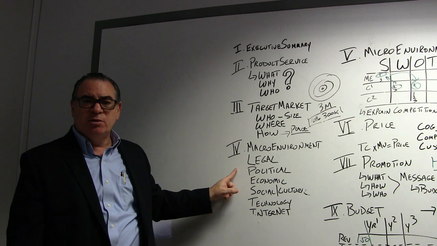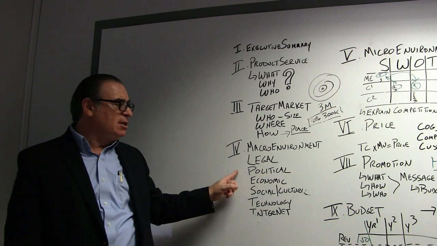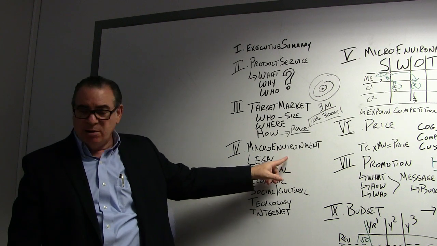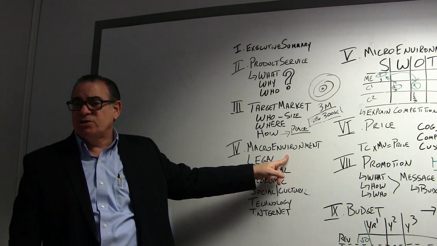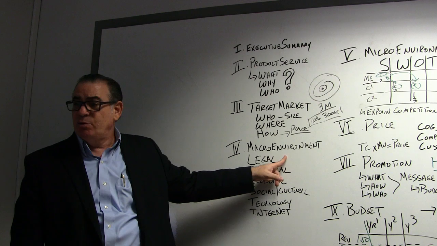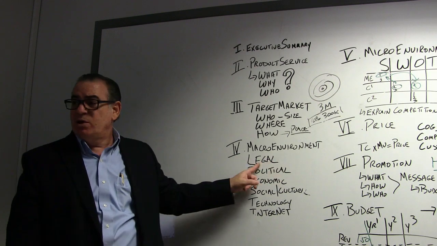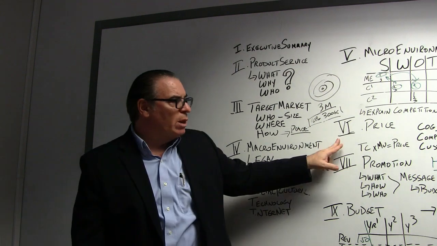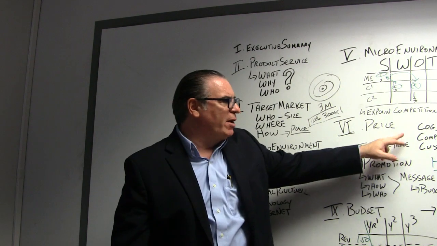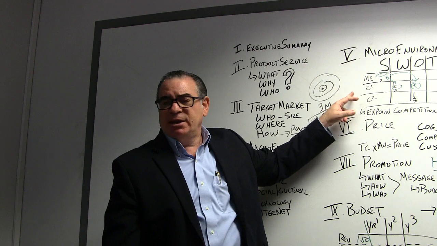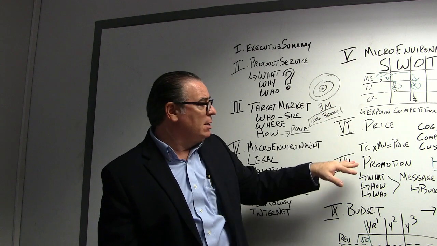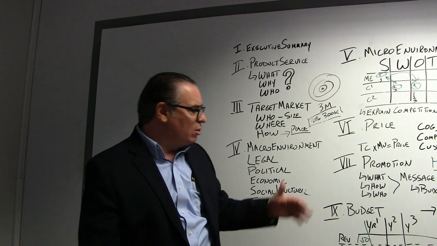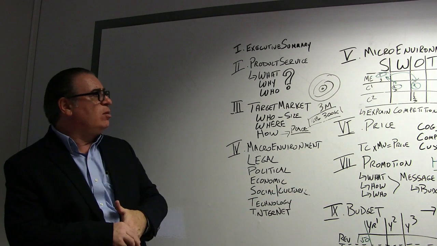Where you say the laws of the land are changing, where did you read that? Did you read it in an article online? Did you read it on the actual U.S. government website? Tell me where you got that information from. Okay. When we talk about price and competition, how are you getting that information? And then, of course, promotions are more what you do. So all that adds up to a wonderful plan.